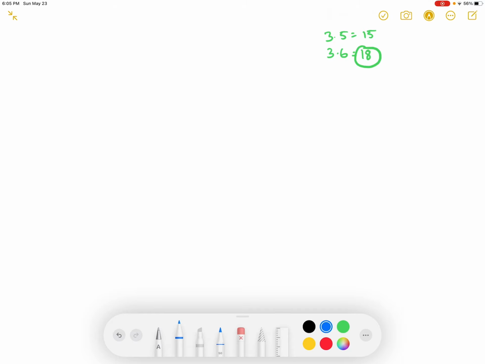Now, let's try to add another one. Let's do 3/10 plus 4/5. Well, first thing I ask is, are they the same denominator? And we can see that they are not. 10 and 5 are not.